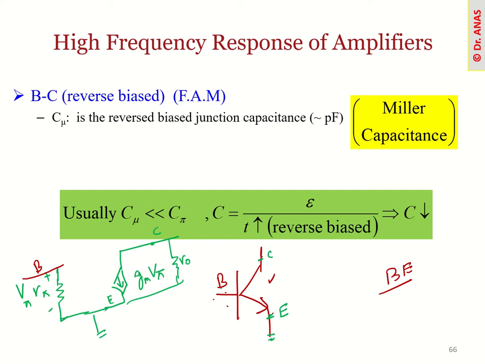If you remember, the base emitter junction is usually forward biased, and the base collector junction is working in reverse bias, so that the normal operation of the amplifier is maintained. The base emitter junction will have some capacitance, and we will model that capacitance using a capacitor here. We refer to this capacitance as C pi.